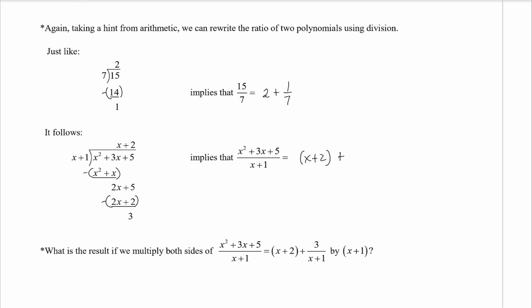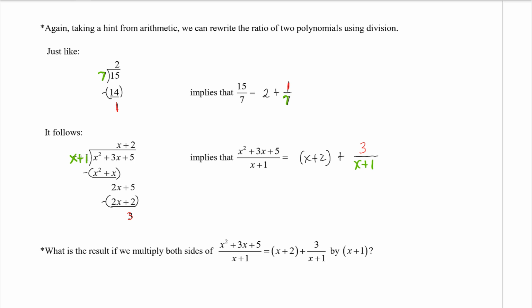Just like up here, I had 1 as my remainder and 7 as my divisor, down here, I have 3 as my remainder, and then I've got x plus 1 as my divisor. So again, we're just stealing from arithmetic, because algebra is just generalized arithmetic. That's all it actually is.